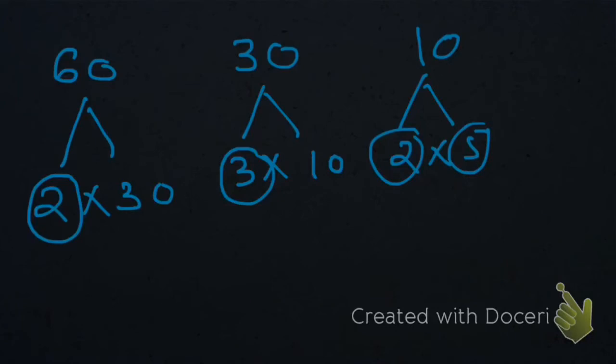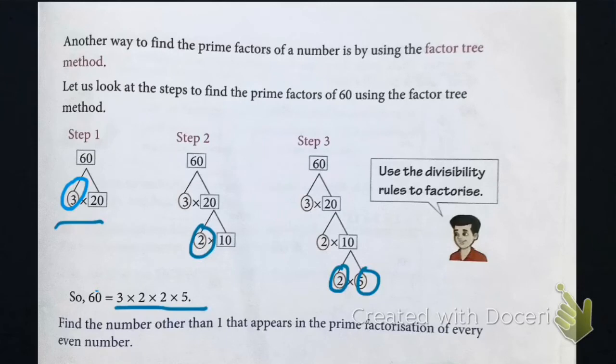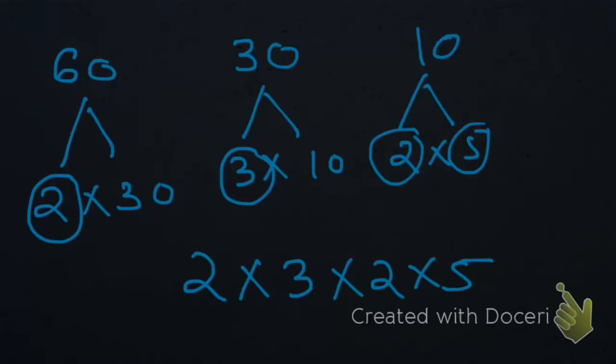So what is the prime factorization of 60? It is 2 into 3 into 2 into 5. Here our earlier answer was 3 into 2 into 2 into 5, but here our answer is 2 into 3 into 2 into 5.